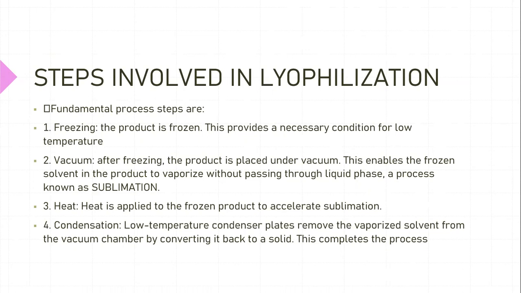Number three is that you provide a little heat. After providing this little heat to the frozen product, the sublimation basically accelerates. Number four is condensation. Low temperature condenser plates remove the vaporized solvents from the vacuum chamber by converting them back to a solid. This completes the process.